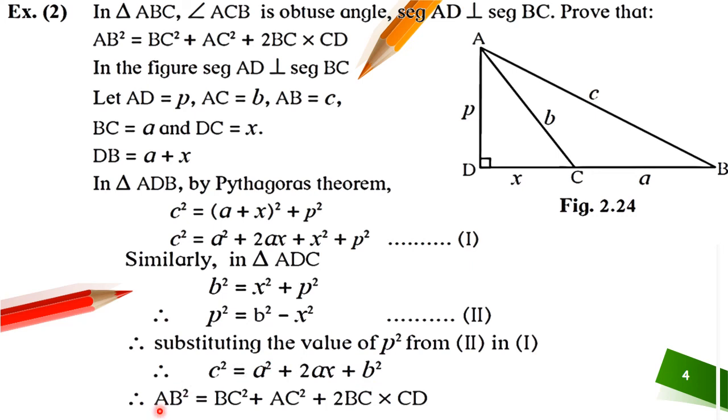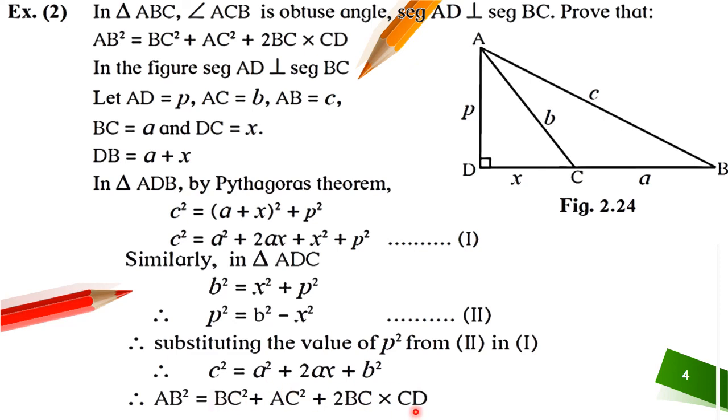C is the same as AB, a is the same as BC, b is AC, and ax means a is BC and x is CD. So like that you resubstitute the sides, you get the required equation.